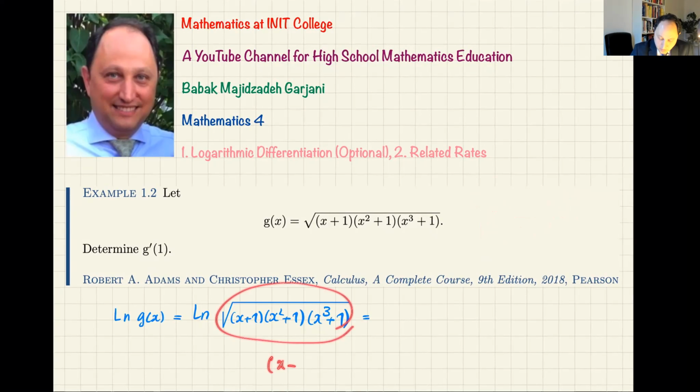I can write it as x plus 1, x squared plus 1, x cubed plus 1, to the power 1 over 2. This power 1 over 2 will go in front, and then I will face ln of a product, but ln of a product can be expanded as the sum of ln's. So this is why I'm saying it's better to do it quickly, otherwise you will lose a lot of time.